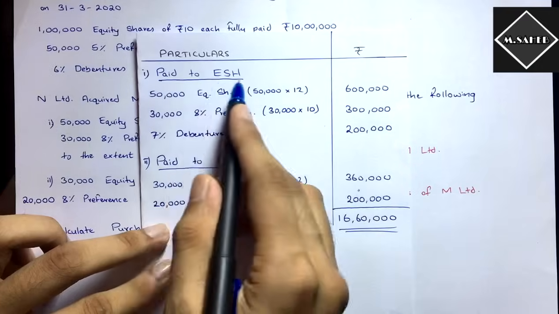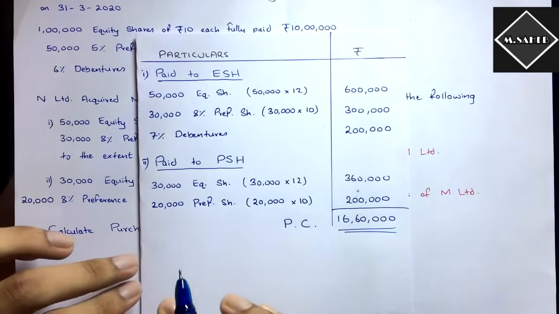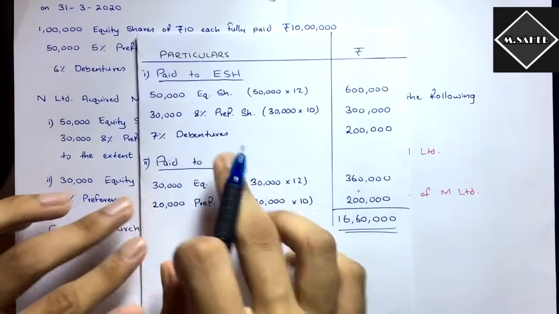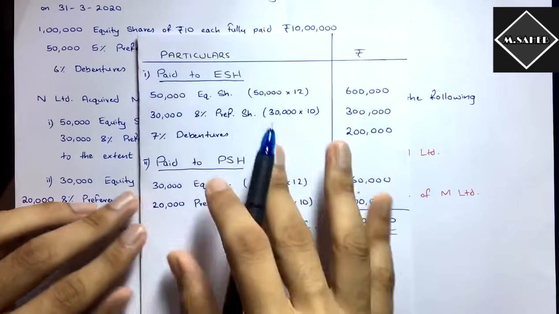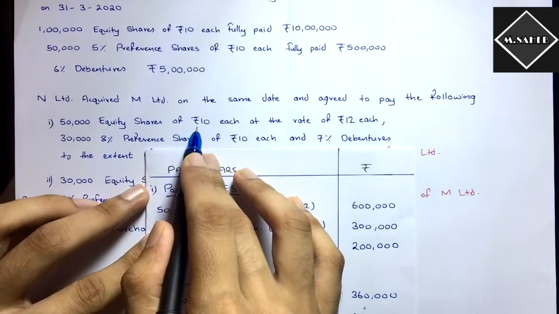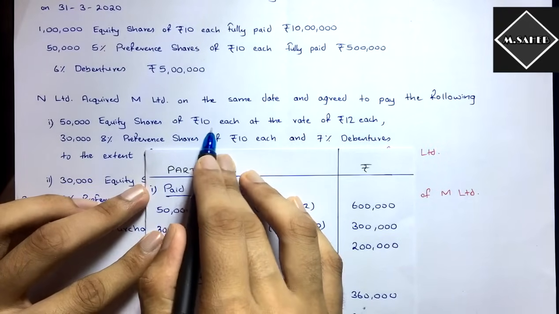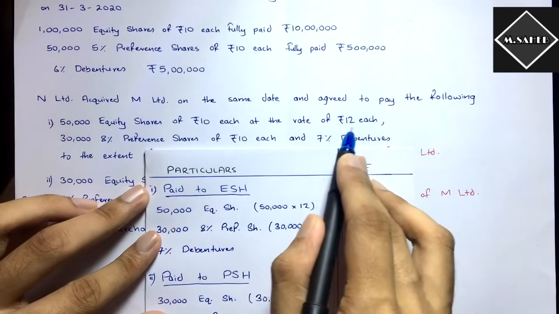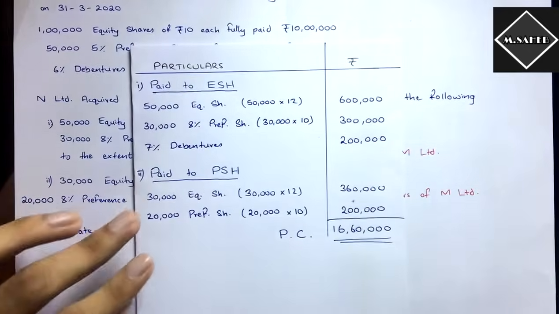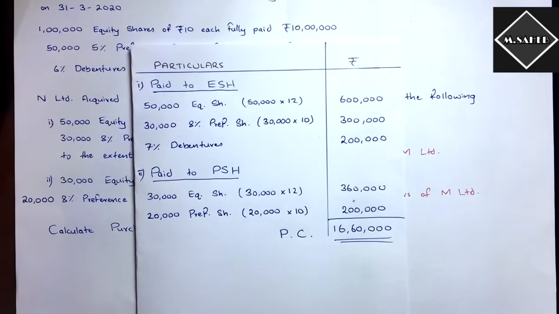So what is given to the equity shareholders? To equity shareholders, 50,000 equity shares are given, of 10 each. Face value is 10, but you don't have to take face value. Issue price is rupees 12. So 50,000 into 12 is equal to 6 lakh.